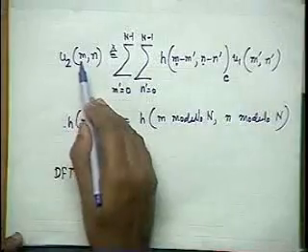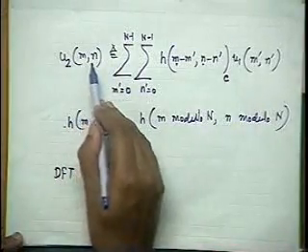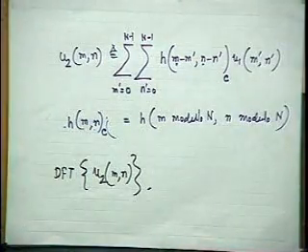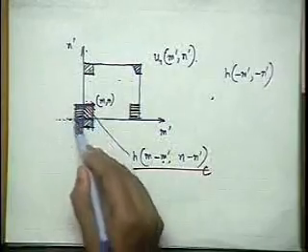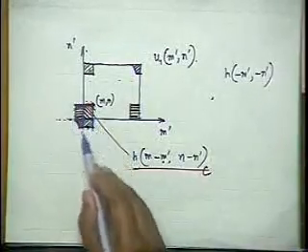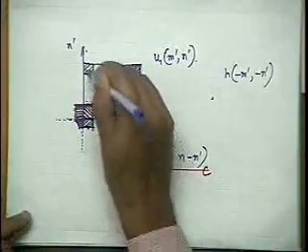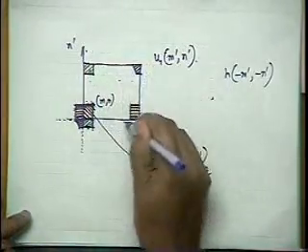You have to compute this u2 mn for the entire image space. That means to say for the entire m equal to 0 to n minus 1, n equal to 0 to n minus 1 space. And that means to say that this particular function, which you had defined over here, you have to position this function one by one to all the points in this image.